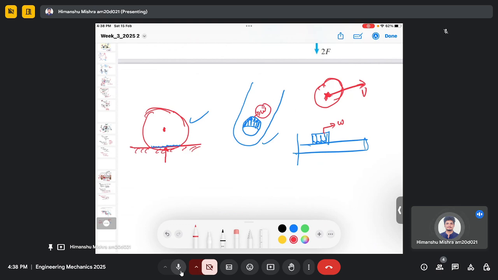We can convert this intensity of force into a point load, which is the resultant force. Let's say this is R, this can be R as well, and this can be R as well. For that we need to use the concept of center of mass or the centroid. So we can go through this concept first.